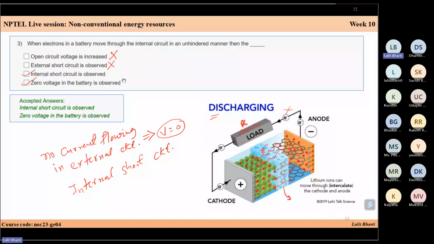Third, internal short circuit is observed. That is correct, because with the direct flow of electrons you will get an internal short circuit. Then, zero voltage is observed. That is also correct. So options 3 and 4 are correct, and the remaining are incorrect.